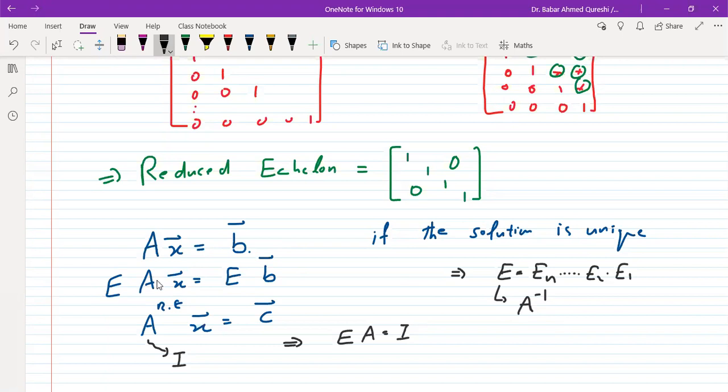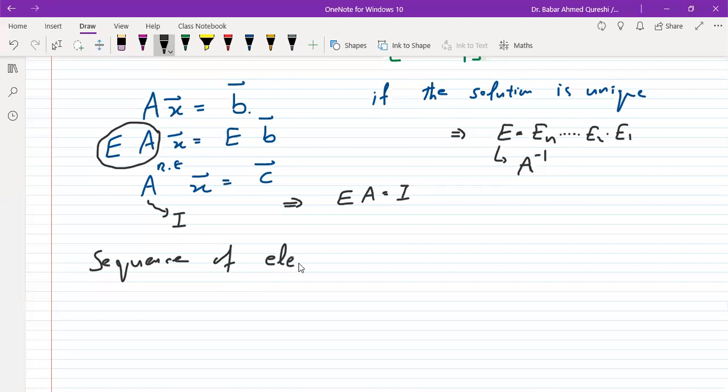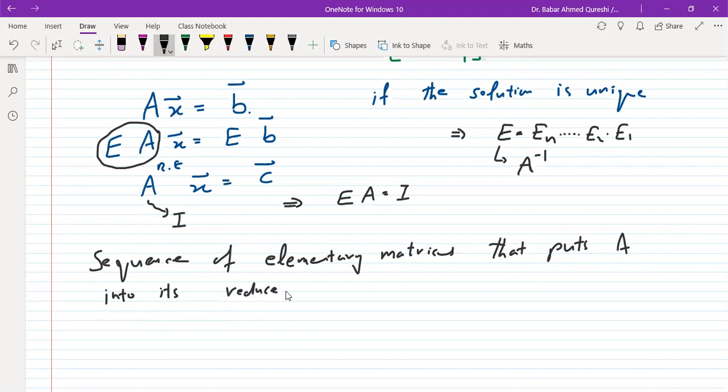And because of that, this product is telling me that this sequence of elementary matrices constructs for me the inverse of A. So the sequence of elementary matrices that puts A into its reduced echelon form is actually A inverse.